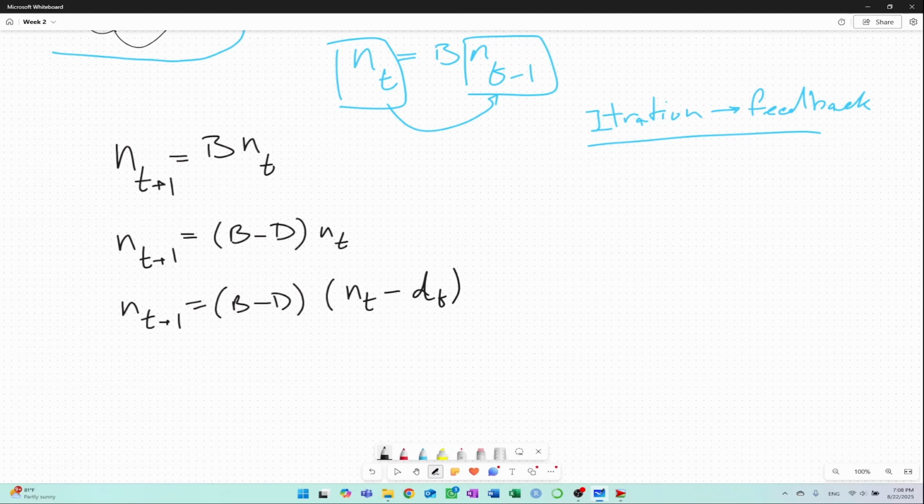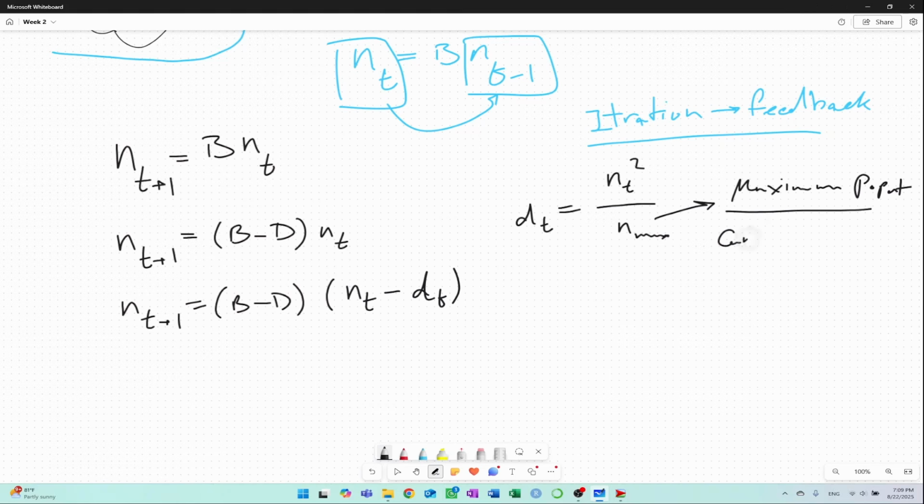So what is this d sub t? d sub t is defined as n sub t squared divided by n max. N max is maximum population. Scientific term, this is the same thing as carrying capacity.